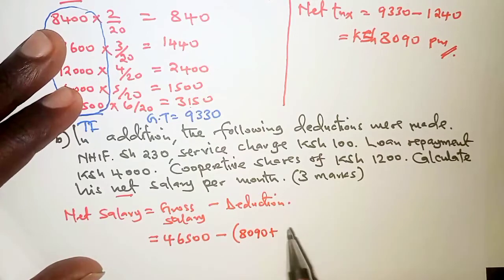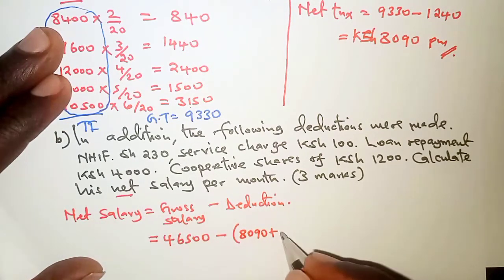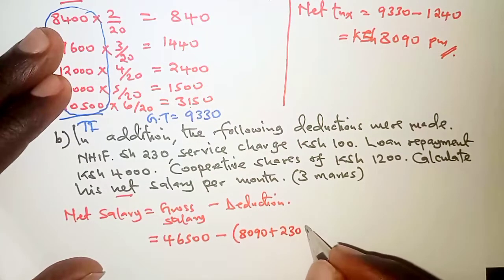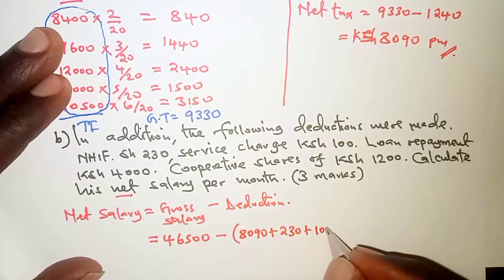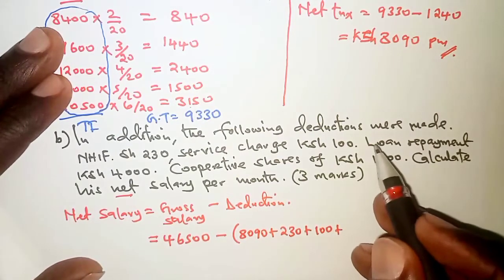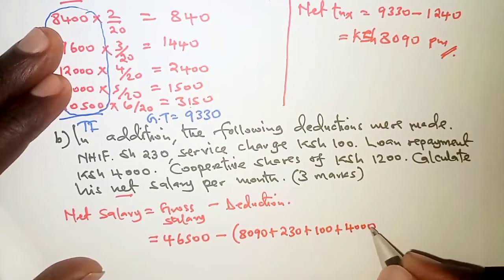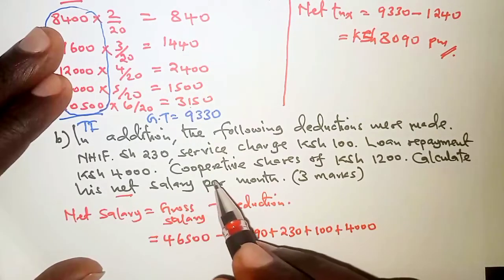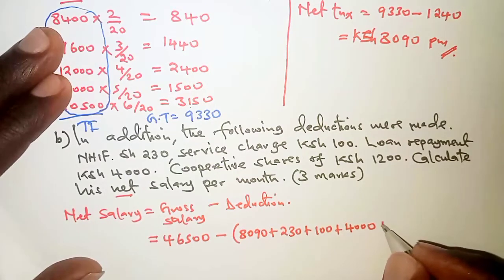The other deductions, as we are told, are NHIF, which is 230. We also have the service charge, which is 100 shillings. We also have loan repayment of 4,000. And finally, we have cooperative shares of 1,200.